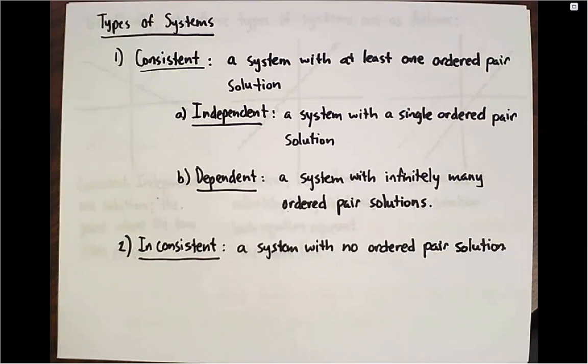If it has infinitely many solutions, it is called dependent. But both independent and dependent are consistent systems. It's just the two subcategories. Those are the ones that have solutions. An inconsistent system, on the other hand, does not have a solution.